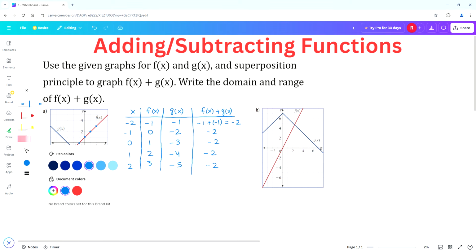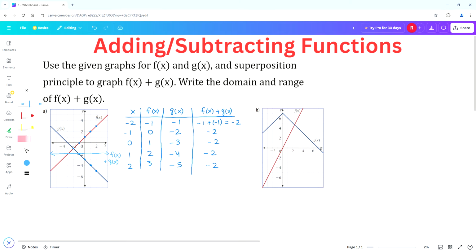We can show the horizontal line like this. This line represents the function f(x) + g(x). So we are done with the graph.